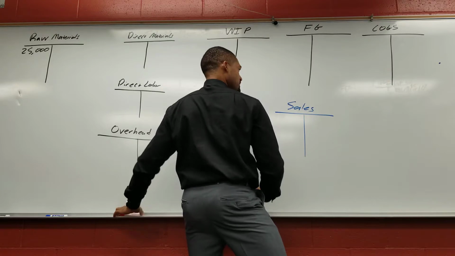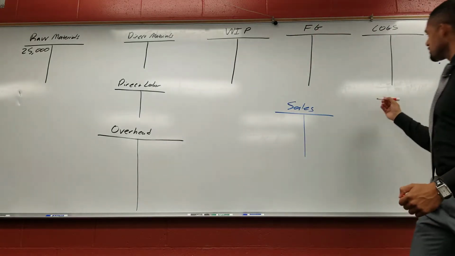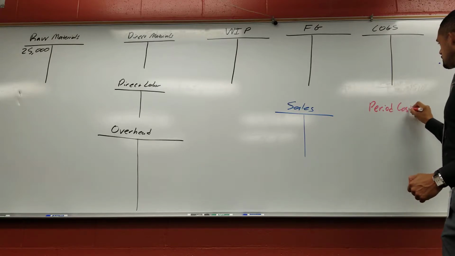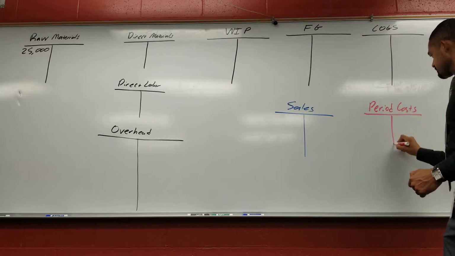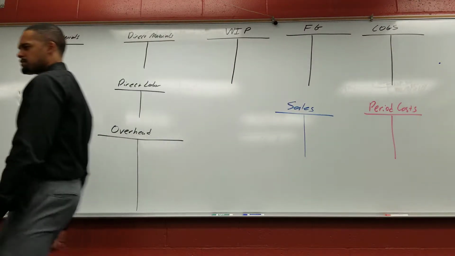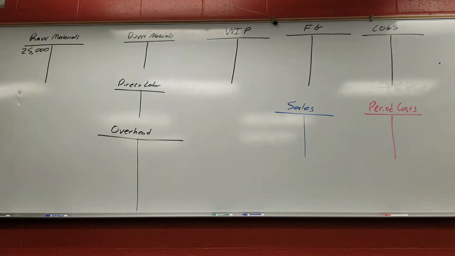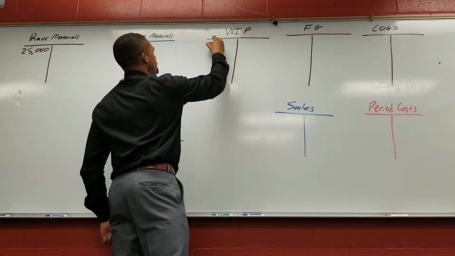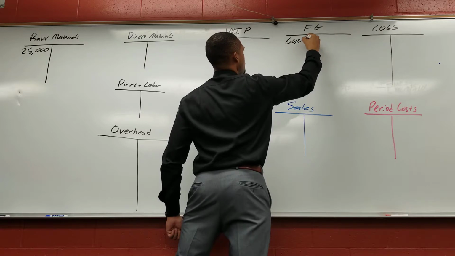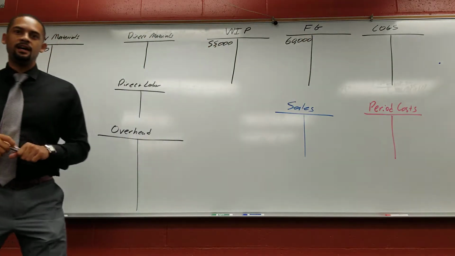And there's also the non-manufacturing expenses, also known as period costs. And I believe they gave us some beginning balances for work in process and finished goods. Work in process, $55,000. And finished goods has $60,000. And now we're ready to begin.